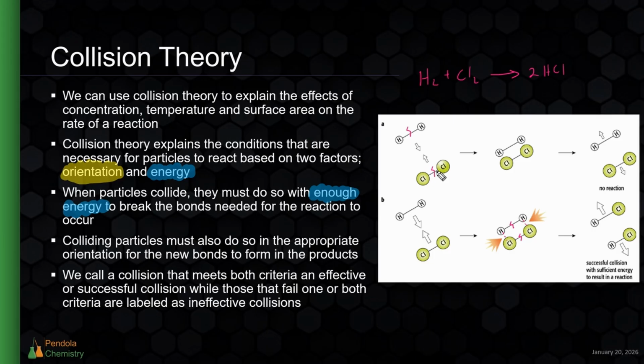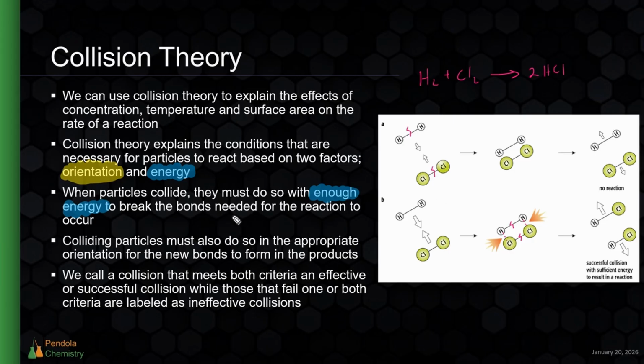When two molecules collide, they have to have enough energy to essentially overcome, to use a word from earlier, not from kinetics, from equilibrium and from thermodynamics, the activation energy. And that activation energy is the energy needed to break these bonds.